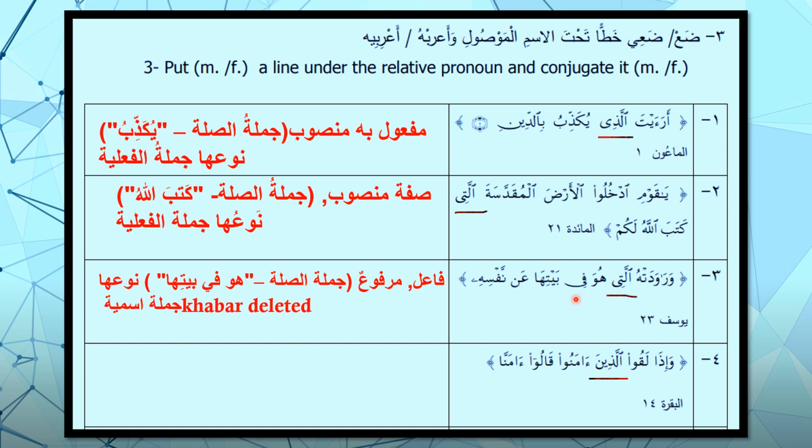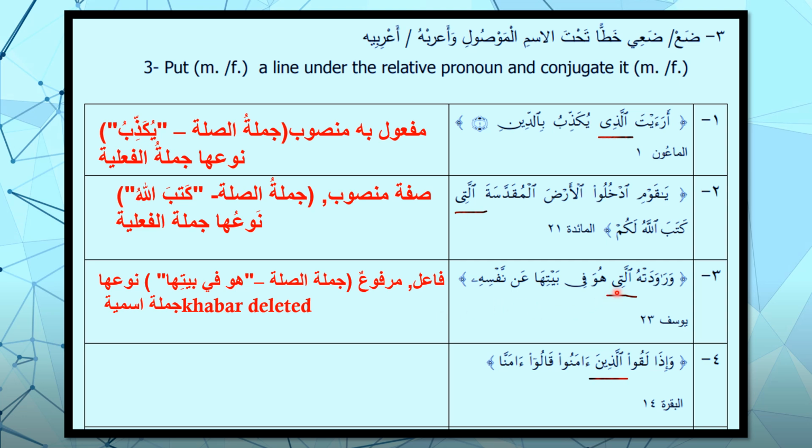Allati huwa fi baytiha: the woman who seduced him, huwa fi baytiha, and Yusuf alayhi salam was inside her house, an nafsi. So that is the meaning: at the time when she seduced Yusuf alayhi salam, he was in her house at that moment.